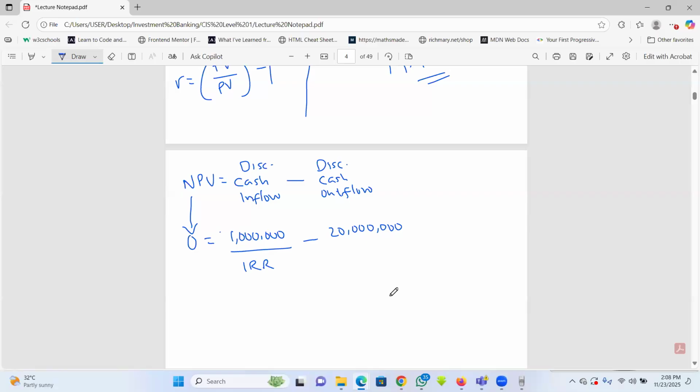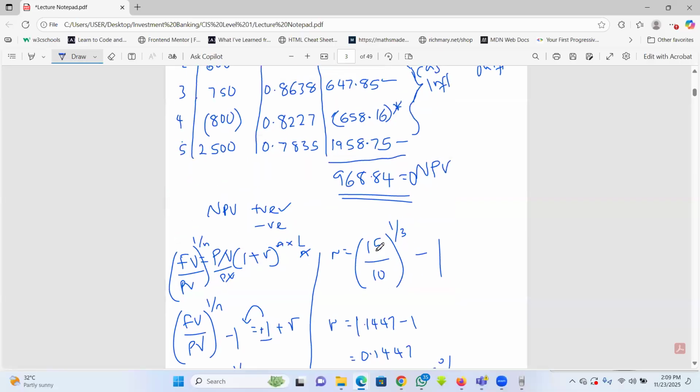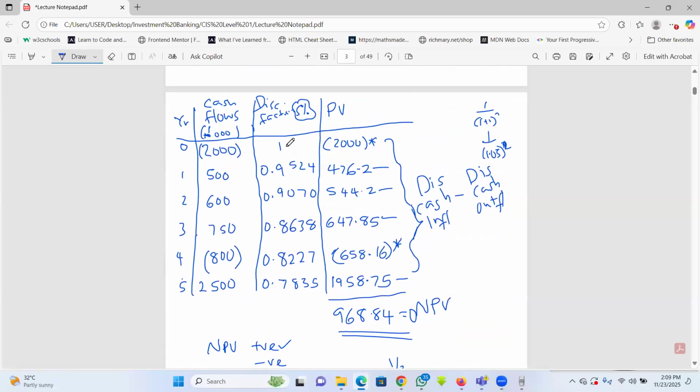Okay, so this is the outflow. Now I need to discount this as well. Ideally, I should have done all of this, then your IRR raised to the power what here? It should have been 0. Why is it 0? Because this is the initial point, and at the initial point, anything raised to the power 0 gives you 1.